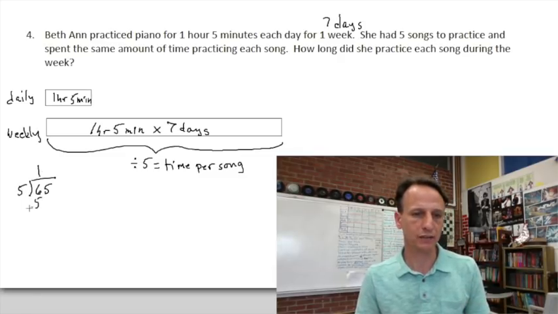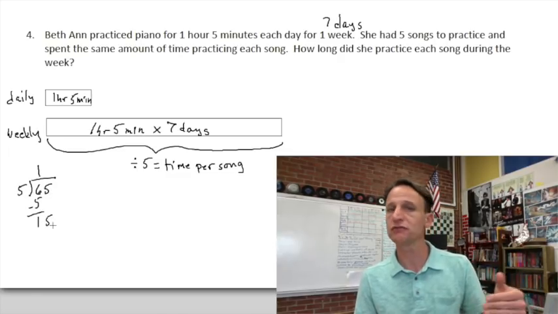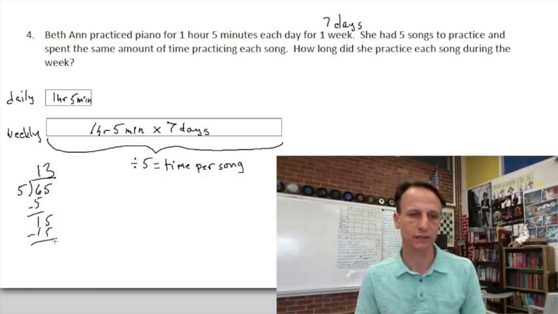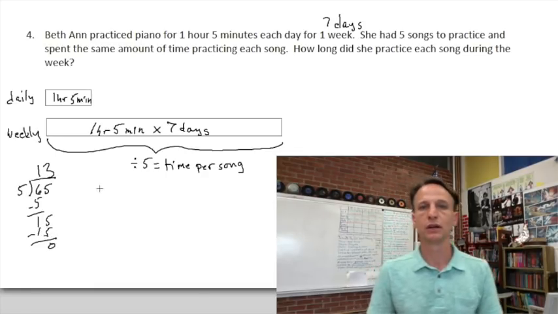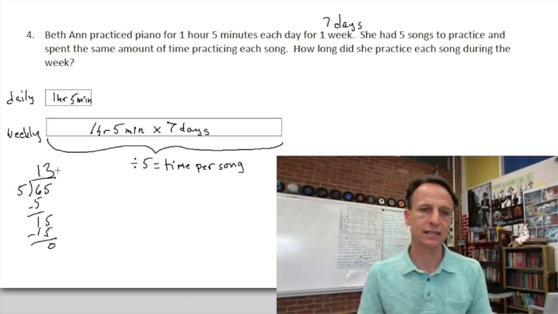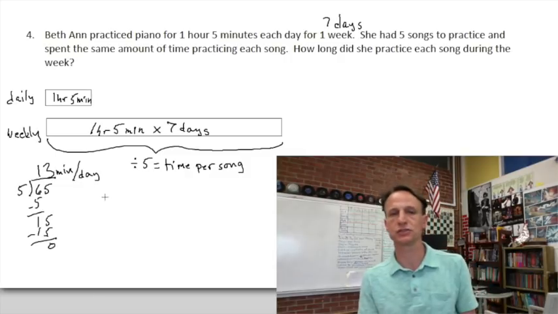When we subtract, we still have 1 there in the tens place, and we still have 5 ones to divide. How many 5s in 15? Got it? There are 3, because 3 times 5 is 15. We subtract, we get 0. We have no remainder. Great. So that is 13 minutes per day spent practicing each song.